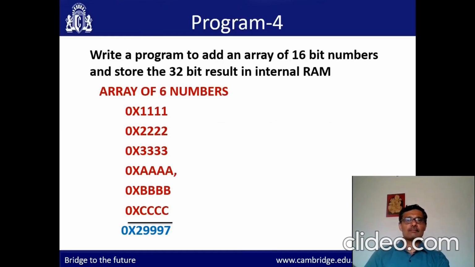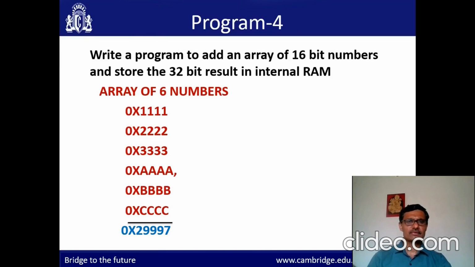This program is to add an array of 16-bit numbers and store the 32-bit result in internal RAM. That is, we have to add 16-bit numbers which are stored in an array, and we have to store the result in the memory location.